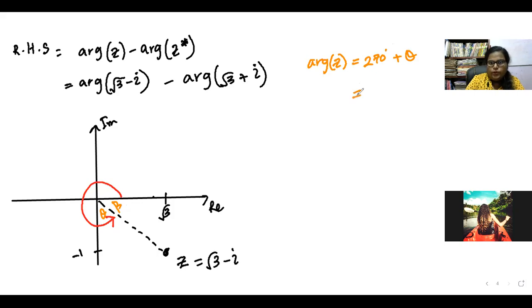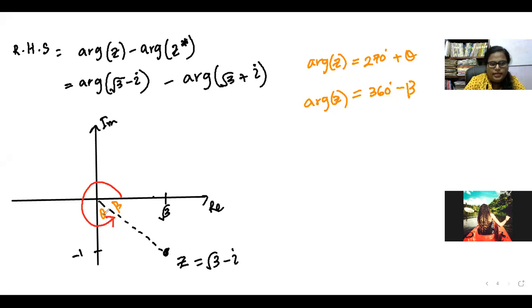Or you can take arc Z as 360 minus beta. It's up to you, so you can use any of these results. That's why I told you, do not use memorized formulas for these cases. Just draw the complex number on the Argand diagram and do your calculations with your own method.